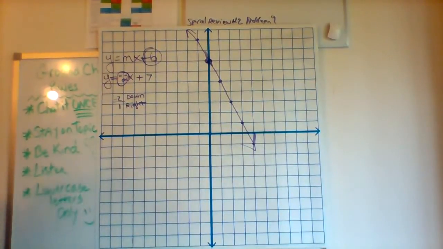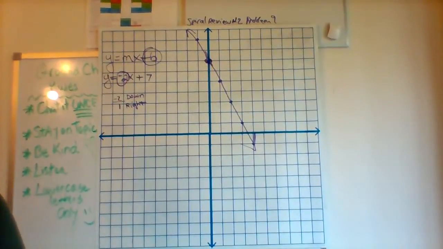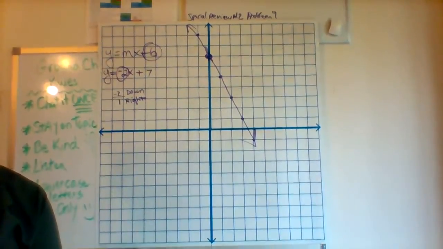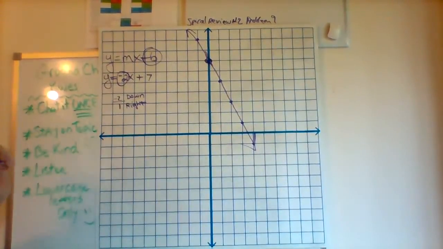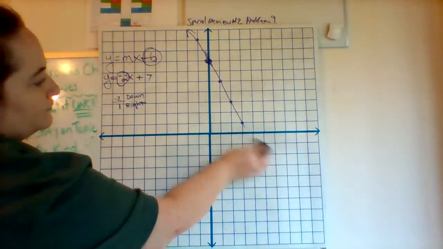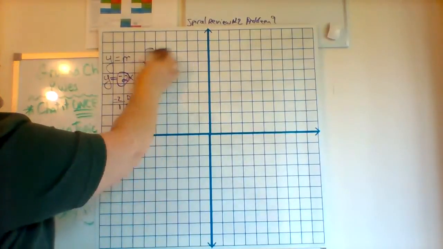All right, now let's go back to number 7. Number 7 has 2 parts. And we're calculating the slope of 2 different lines.